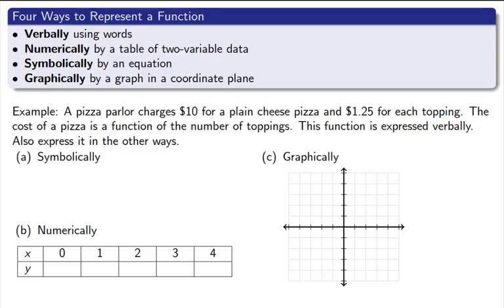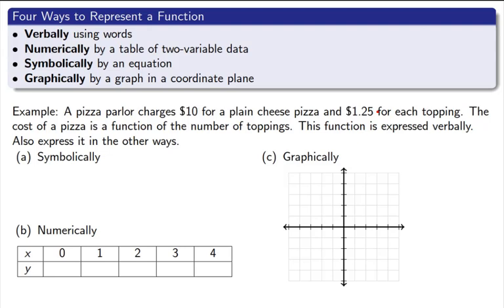So let's finish this off with the 4 ways that we talked about to represent a function. You can talk about a function verbally, numerically by a table, symbolically with an equation, or graphically by drawing an actual graph. And we've worked with all of these today. Let's take a look at this verbal description of pizza parlor charges. Verbally, the pizza parlor charges $10 for their plain cheese pizza, and then they charge $1.25 for each topping on top of the pizza.